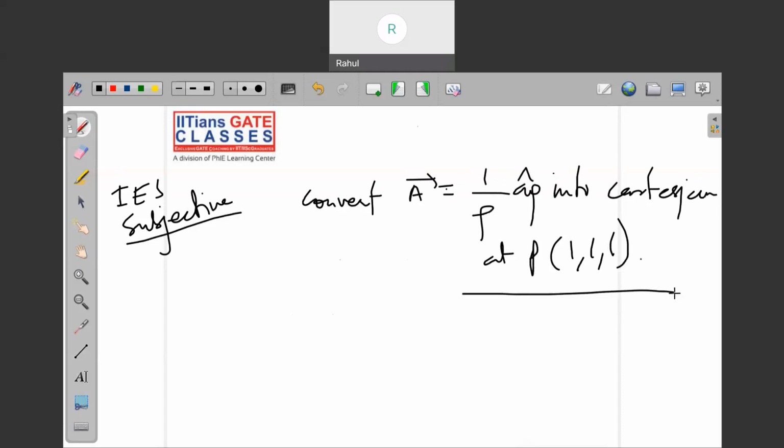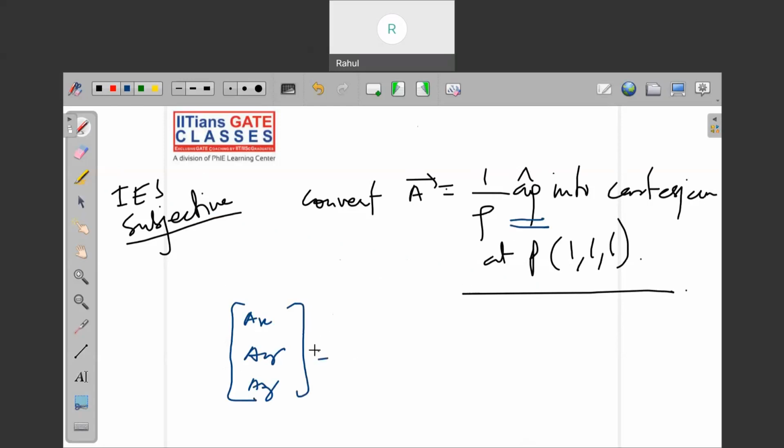So what was given here is the rho component. What you have to do here is find the A x component, the A y component, and the Z component.